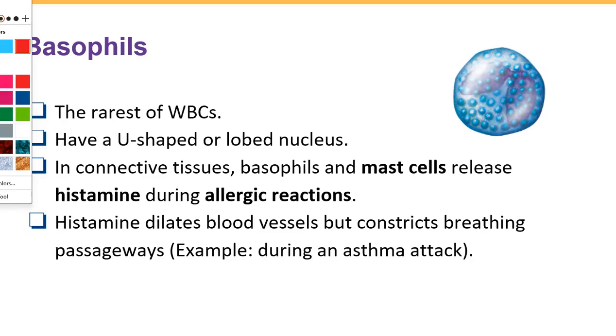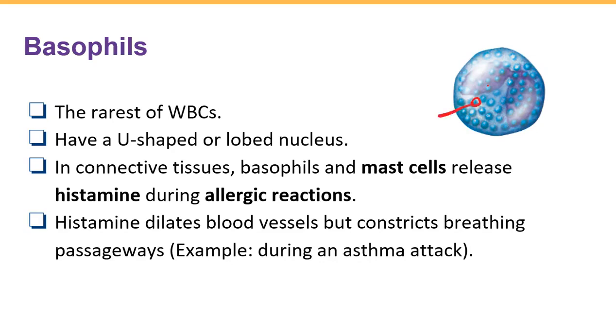They also have a lobed nucleus, and they have lots of blue and dark granules which can mask their nucleus, and the granules produce histamine, which is the chemical released during an allergic reaction.